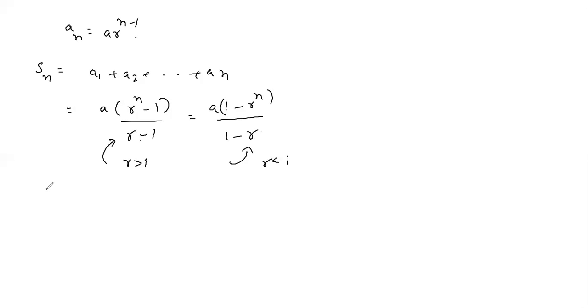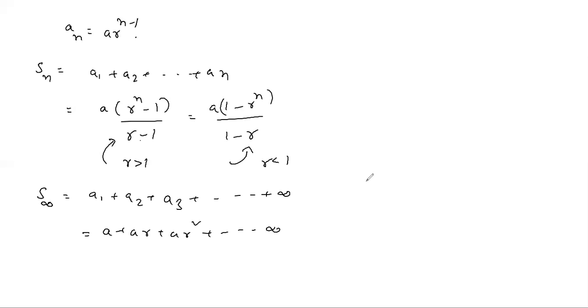Next, one more formula we have: the sum of infinite terms of GP, A plus AR plus AR square and so on up to infinite terms. This is not always possible. Suppose you take 3 plus 3 square plus 3 cube and so on.